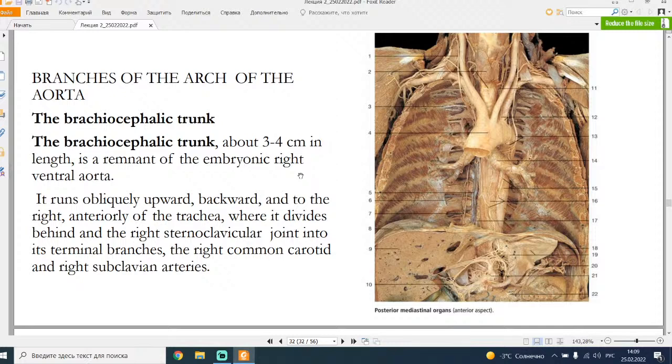Next question, branches of the arch of the aorta. You see the brachiocephalic trunk. The brachiocephalic trunk, about 3-4 centimeters in length, is a remnant of the embryonic right ventral aorta.